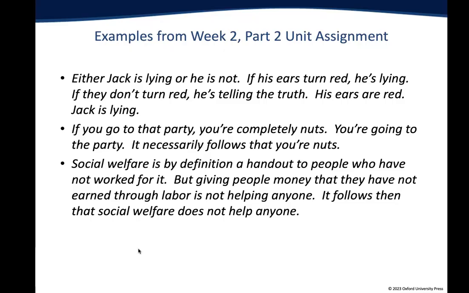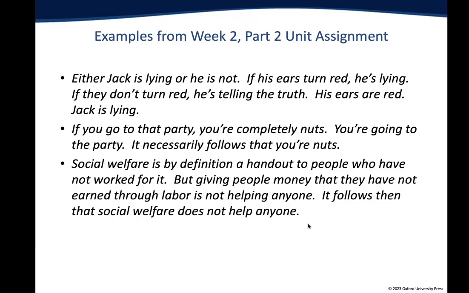And in this situation, if we assume that this first premise statement and this second premise statement are both true, then it necessarily follows that this conclusion is true. So it is deductively valid, but the question is, is that a sound argument?